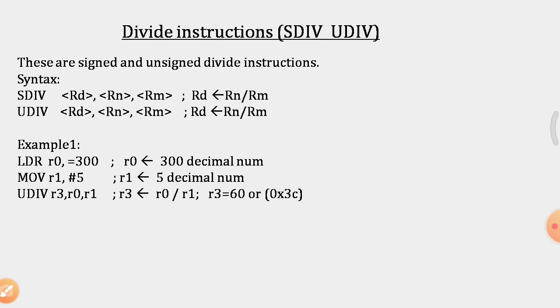And UDIV unsigned division R3 comma R0 comma R1, where R3 will be loaded with R0 divided by R1. That is, R0 is having 300, R1 is having 5. So the result 60 decimal number is loaded into R3, or 0x3C will be displayed in the R3, the hexadecimal number equivalent to 60.